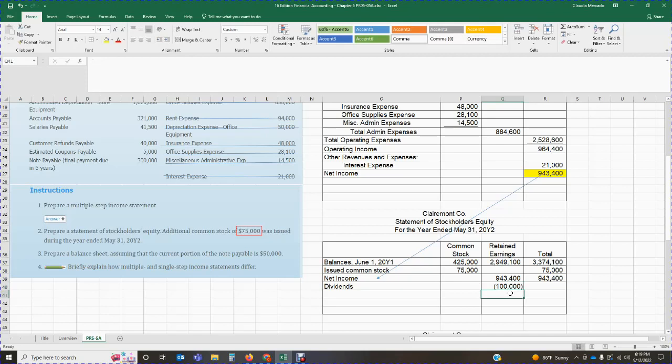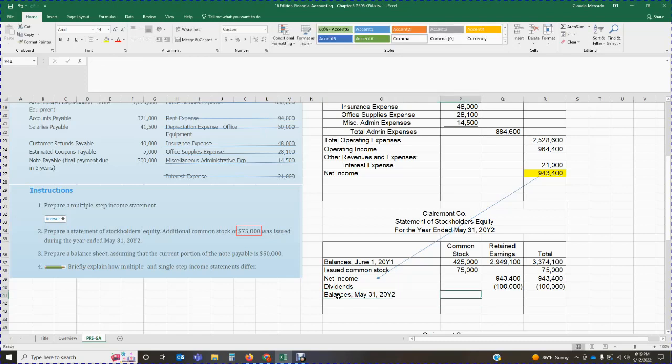So that means that your retained earnings are going to decrease. Oh, sorry. This is the sum only of this one. I'm getting ahead of myself. There we go. Dividends.